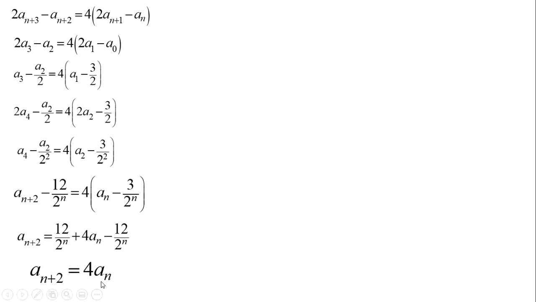We can start substituting with n equals 0, n equals 1, n equals 2, and of course the difference is 2, so we will have to divide the solution into two forms: one of them is even numbers, and the other one is odd numbers.